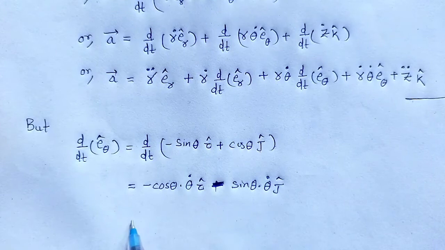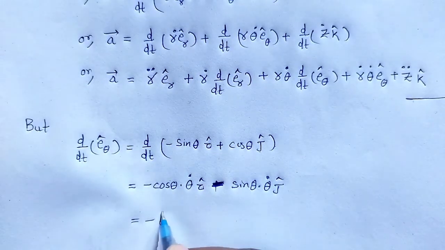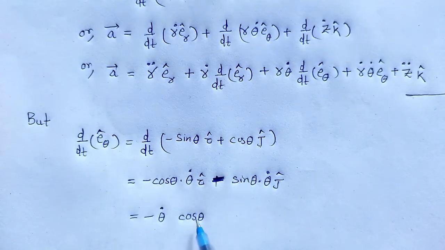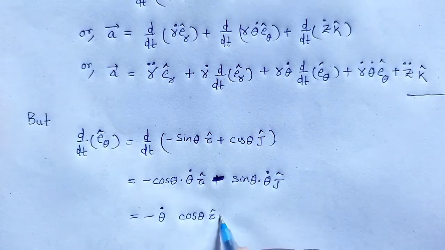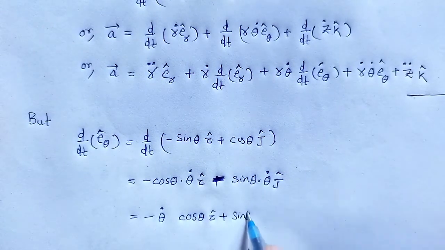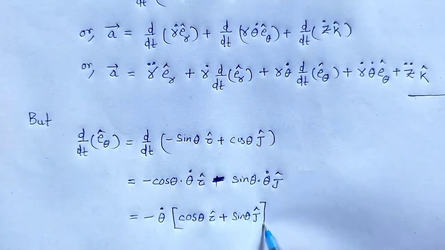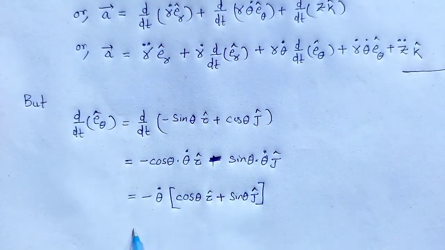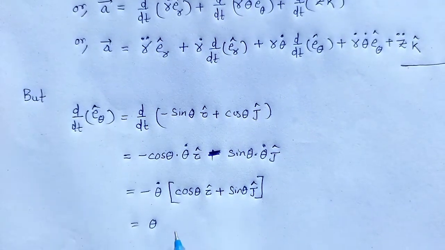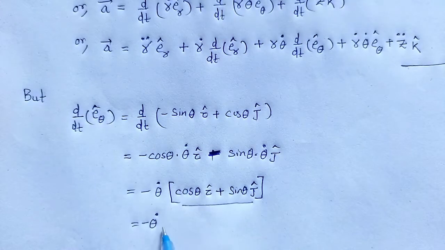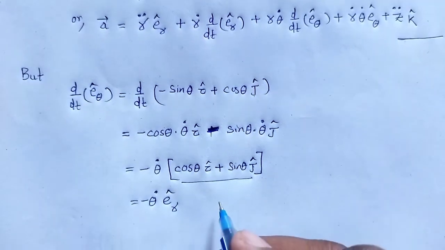taking minus theta dot as common, that is cos theta i cap plus sin theta j cap, which is equal to minus theta dot, and the term is e r cap.